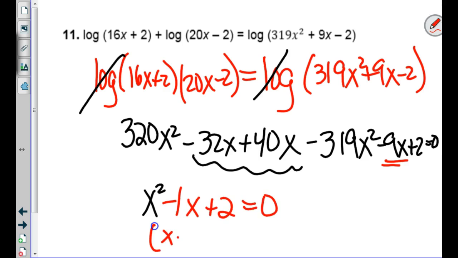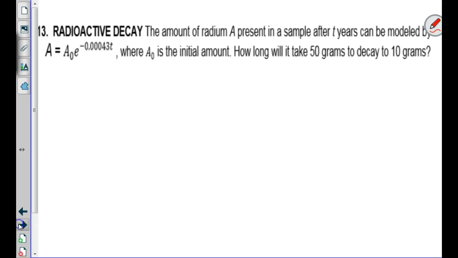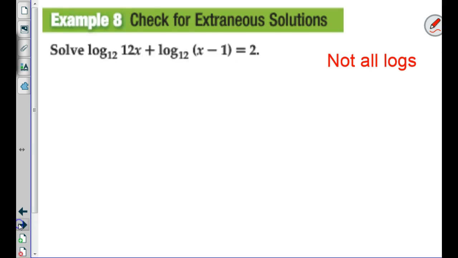So then it factors x minus 1 and doesn't factor? X minus 2. No, that's not going to give me a plus 2 though. Quadratic formula? All right, guys, we will finish these tomorrow, but this is what you need to be working on tonight.